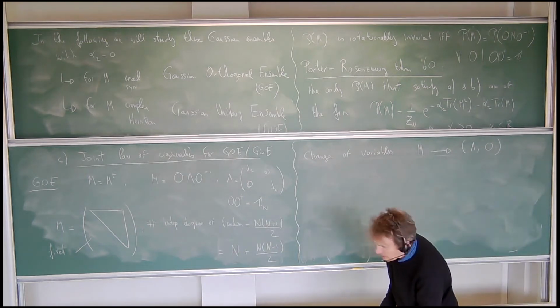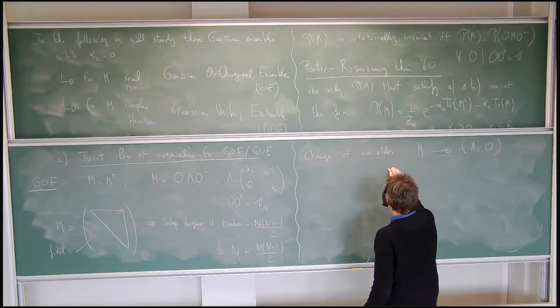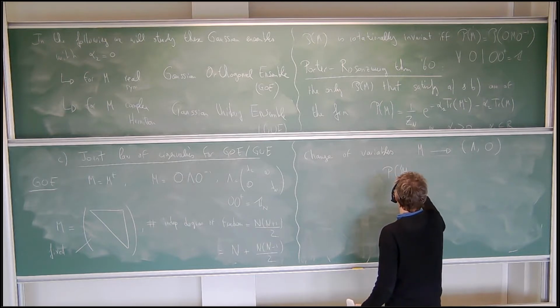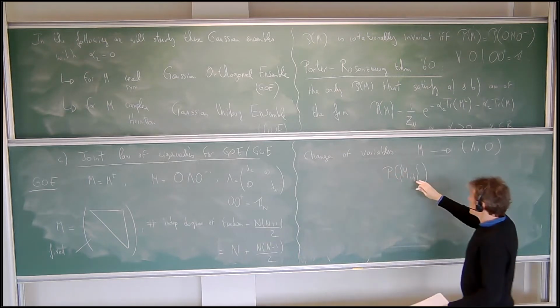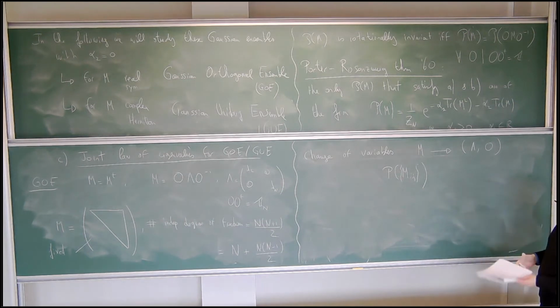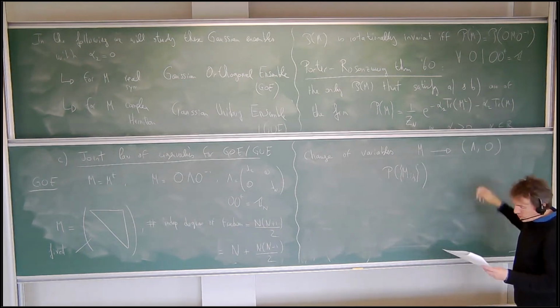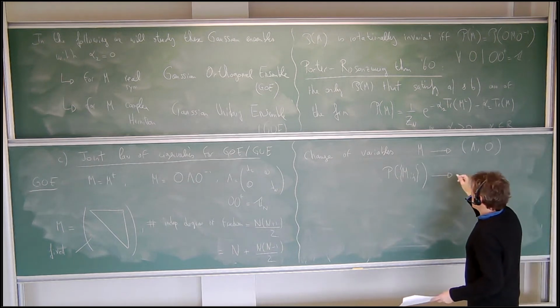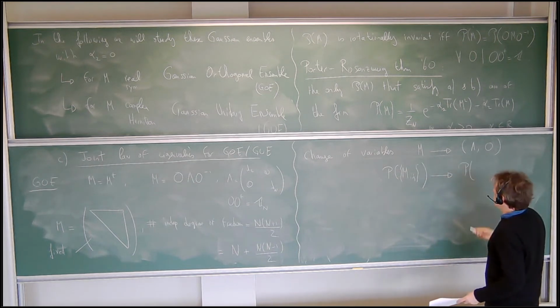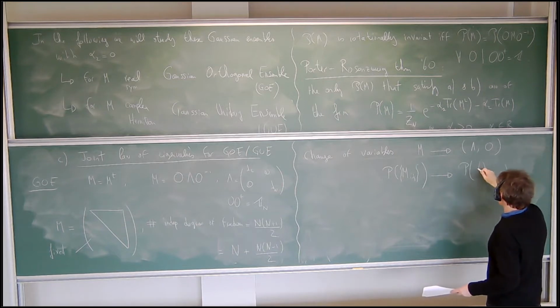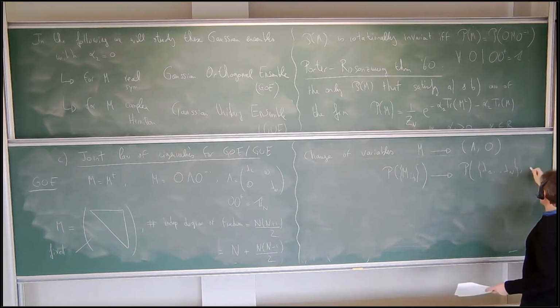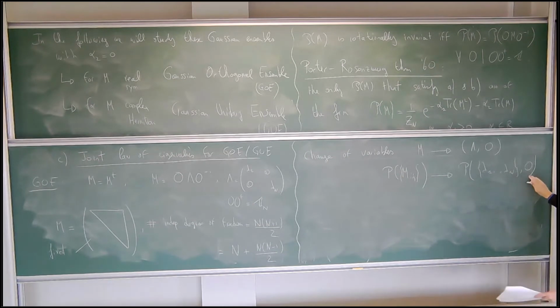What you know is the P of M, the Mij. So this is given, and simply given by that. And what you would like to compute is the P of the lambda 1, lambda 2, up to lambda n, and the matrix O. So that's really what you are after.